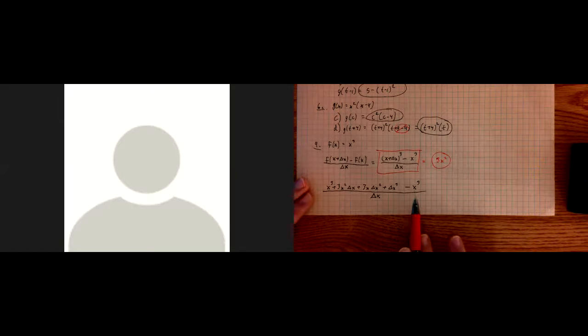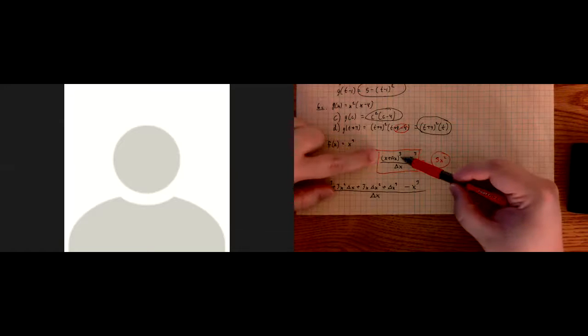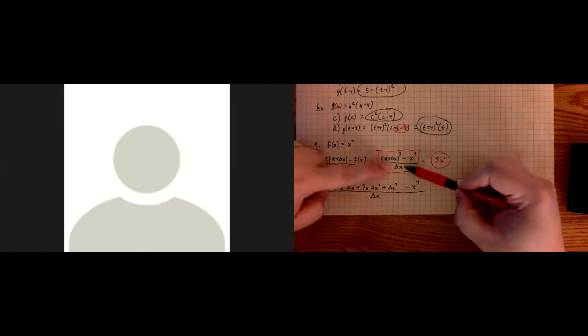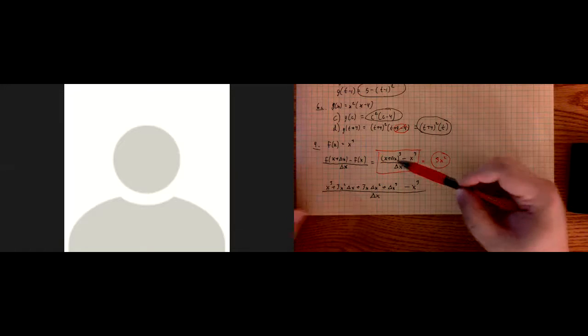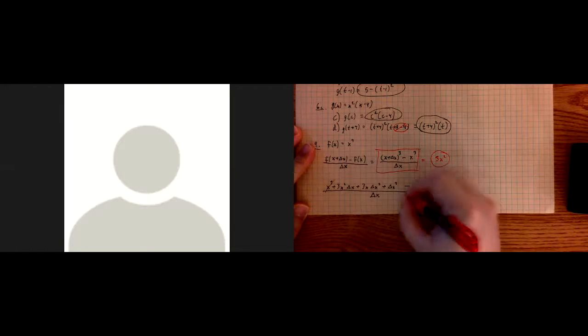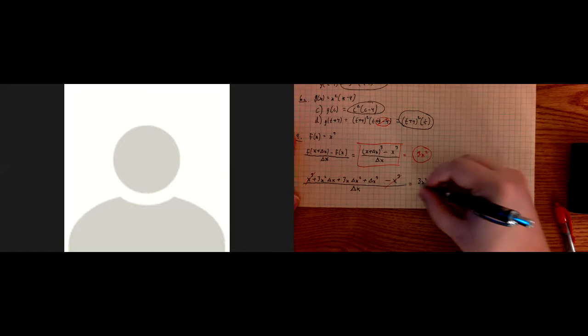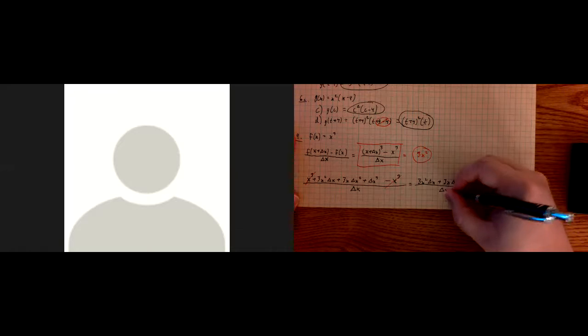Now, once I'm here, I've taken that first piece and cubed it all out, minus the second piece, all over delta x. I have an x cubed and a negative x cubed. Those can cancel. That leaves me with 3x squared delta x plus 3x delta x squared plus delta x cubed all over delta x.